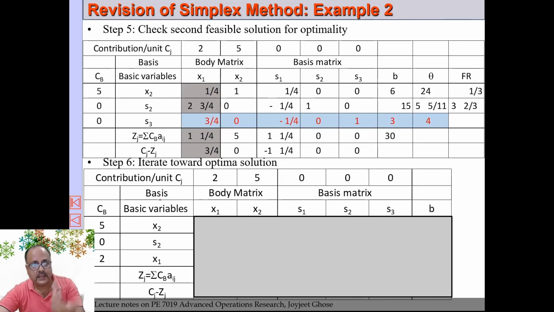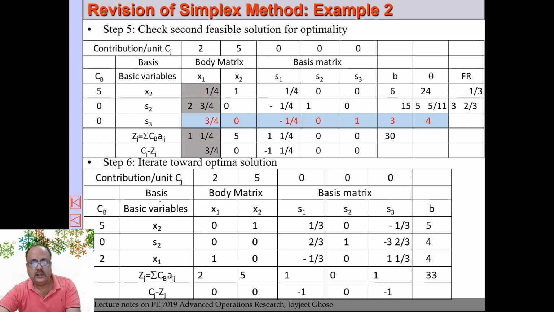Okay, so again we'll iterate this, and we'll get this. We get the fixed ratios as 11 by 3 and 1 by 3. So again we test for the optimal solution, and we'll see that all the Cj minus Zj are less than 0.